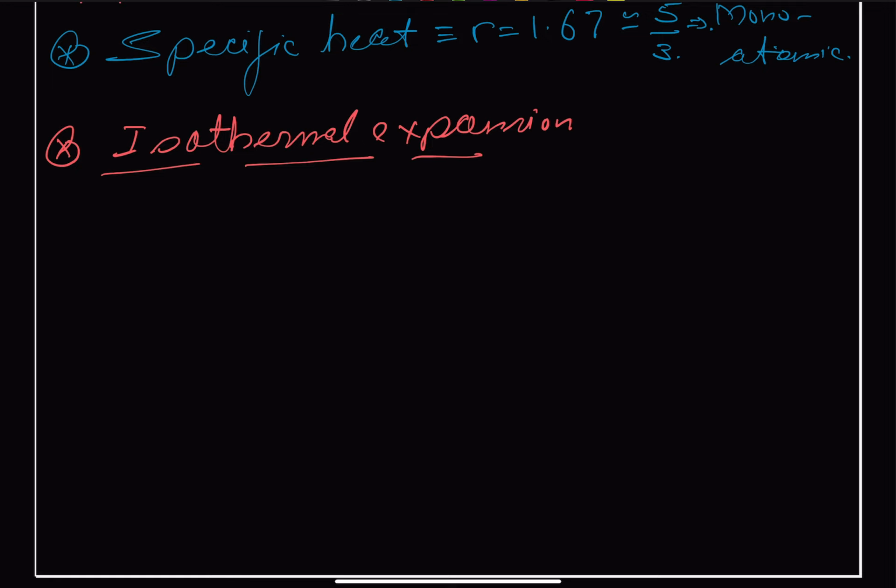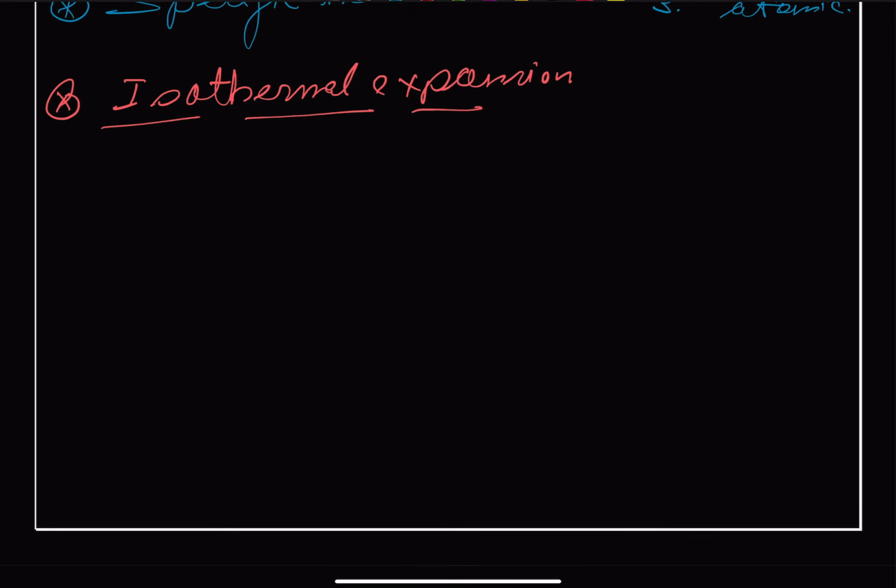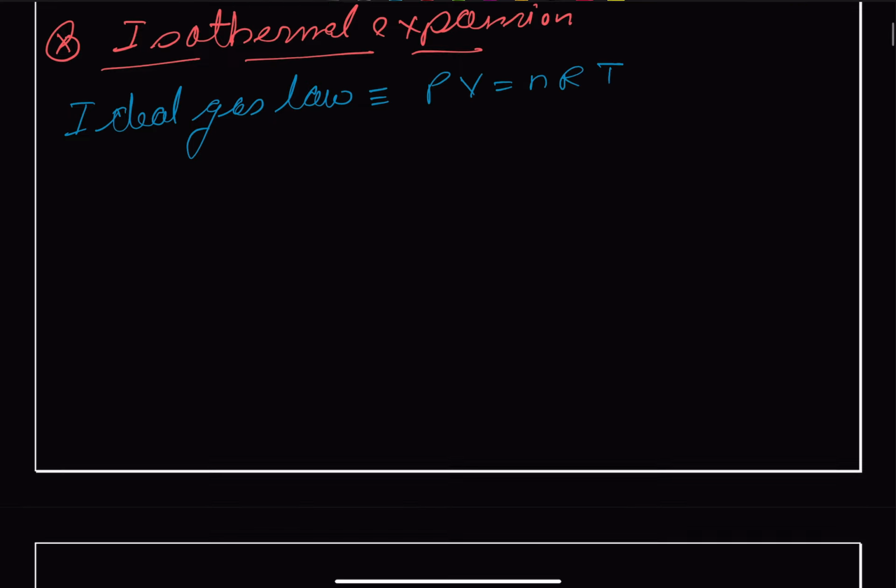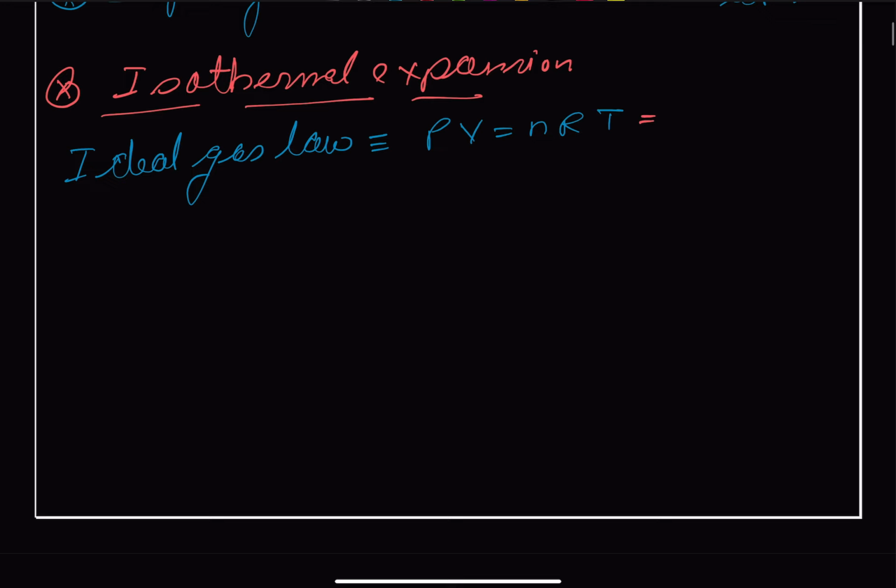So we have isothermal expansion, and we can use our ideal gas law, which is PV equals nRT. So our initial state can be represented by this particular equation.